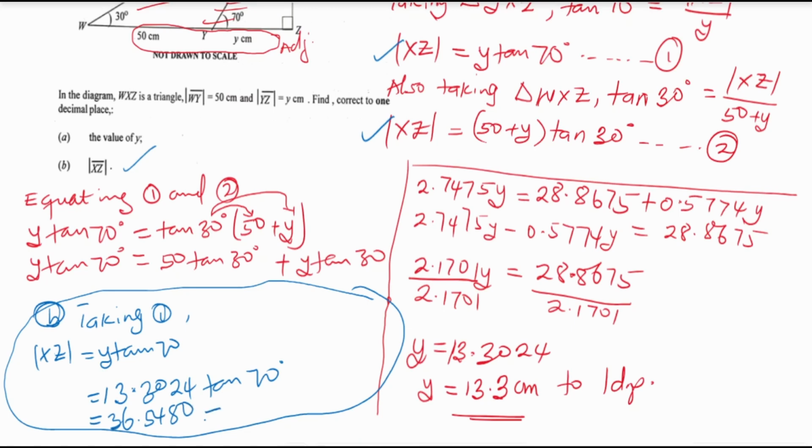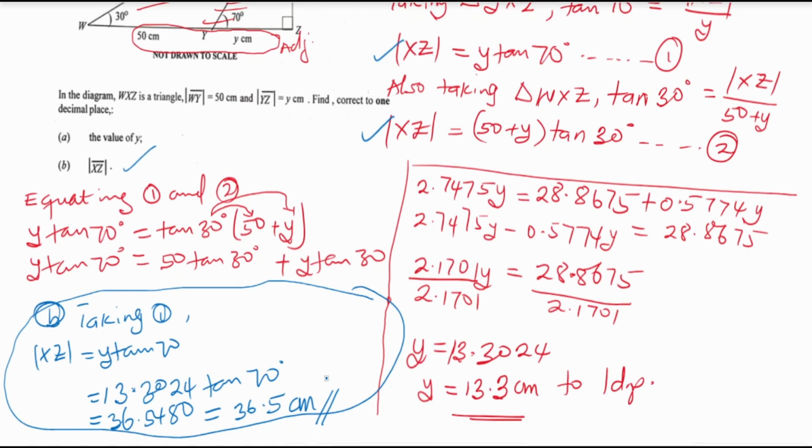But because the question said we should do it to 1 decimal place, that will be equal to 36.5 centimeters. The length of the side XZ is 36.5 centimeters.